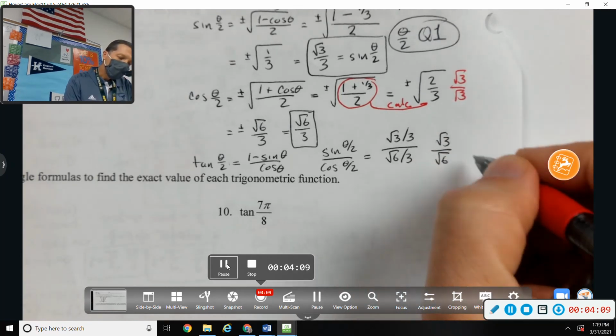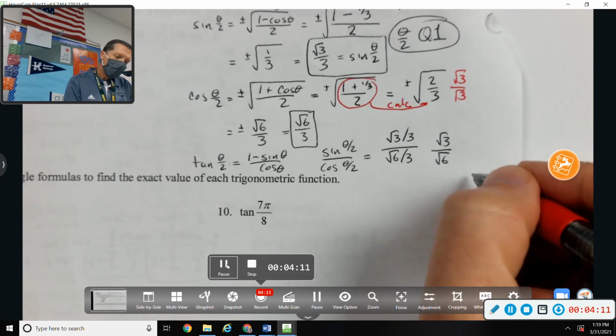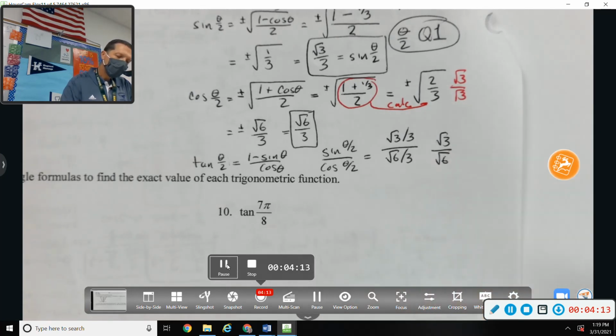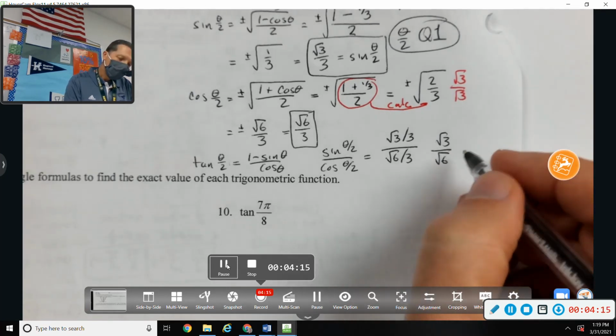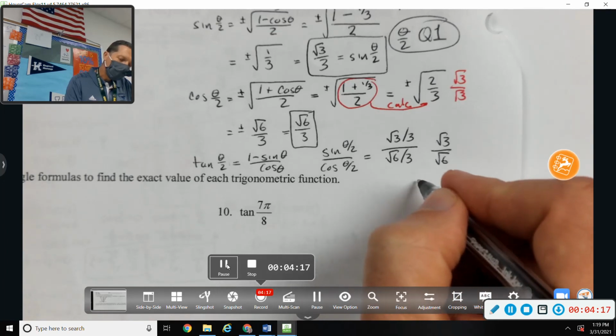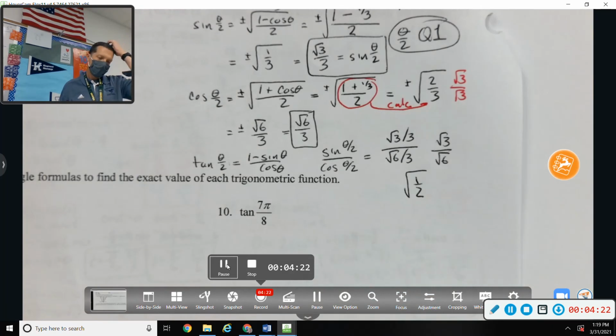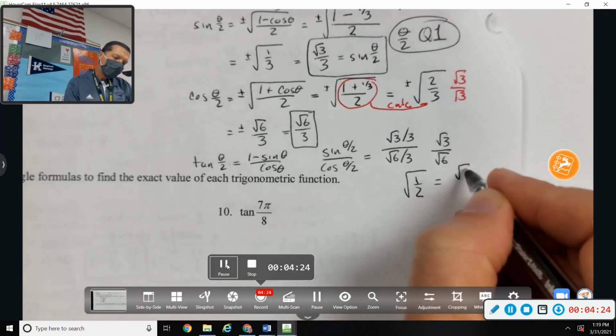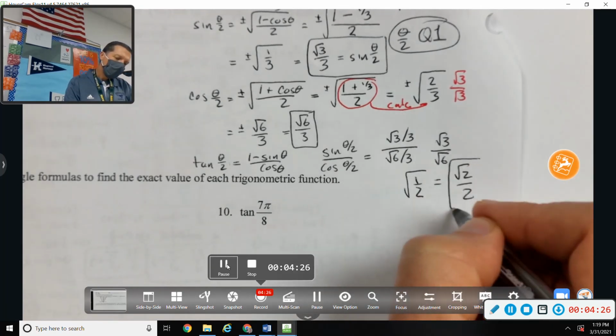That would reduce, though. So let's reduce first. Make life easier. That would be the square root of 1/2. So that would be root 2 over 2 for the tangent.